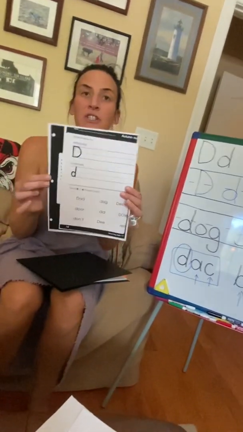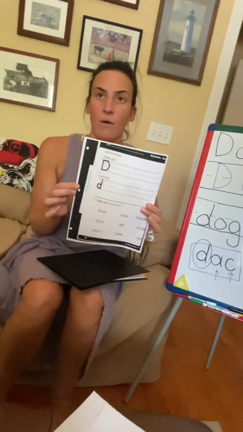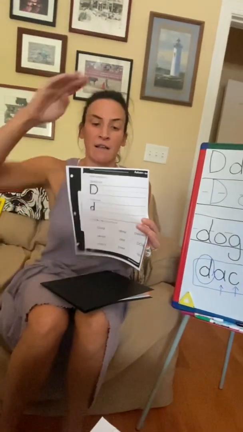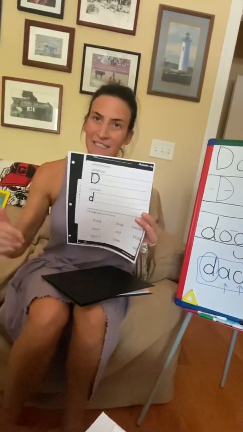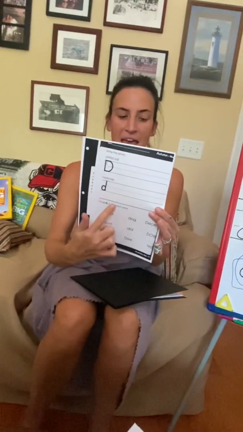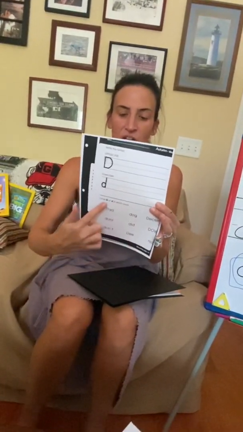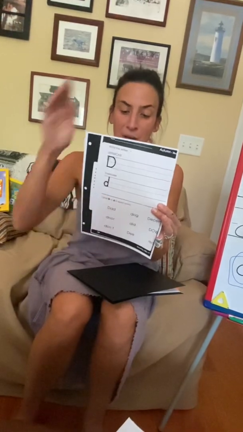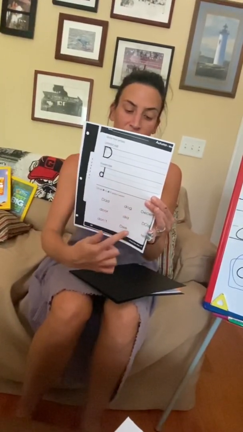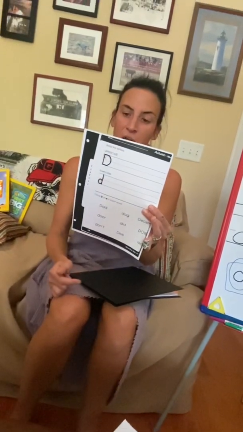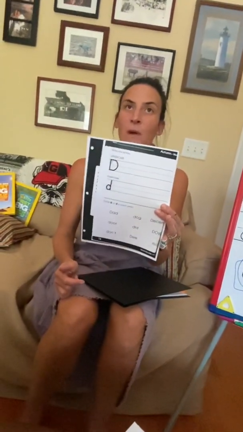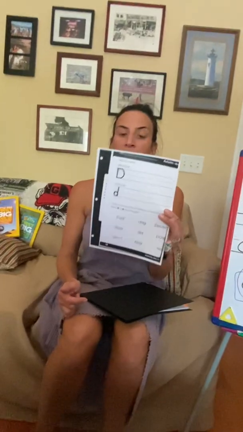Pause this video and practice writing your capital D's and your lowercase d's. Then in this section down here, you circle the capital D or the lowercase d in each one of these words. All right? So pause your video for 1 minute and find this with your mom or dad or grandma and grandpa and practice.